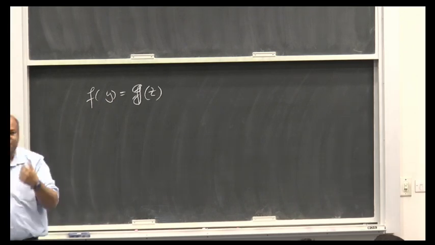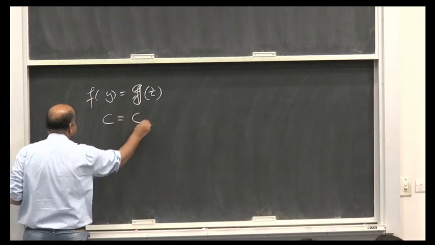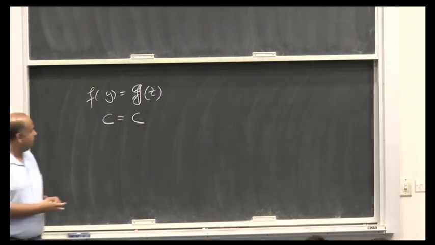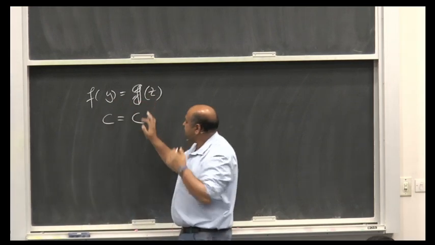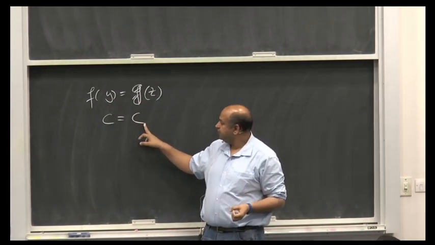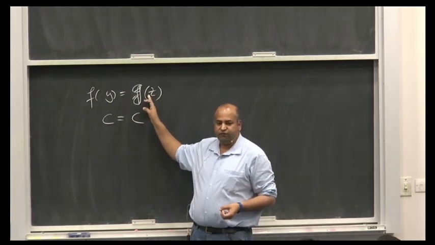So there is only one possibility, and that is, let's say this is some constant c. Both of these functions have to be equal to a constant, because otherwise they would not be equal for all values of y and z.